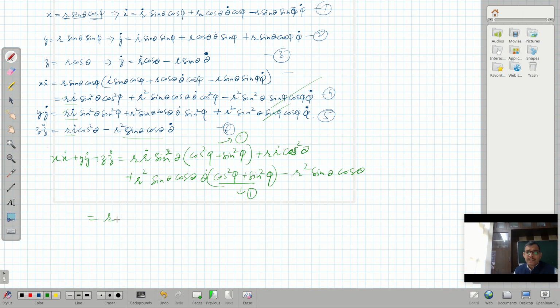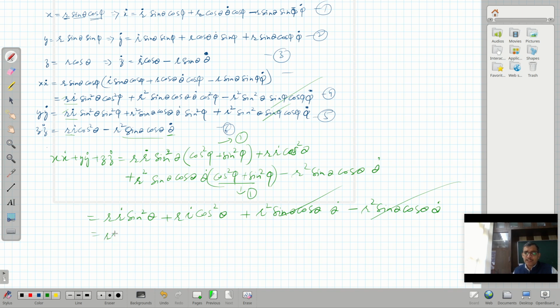So it is r dot sine square theta plus r dot cos square theta plus r square sine theta cos theta theta dot, minus r square sine theta cos theta theta dot. These two terms will cancel out.